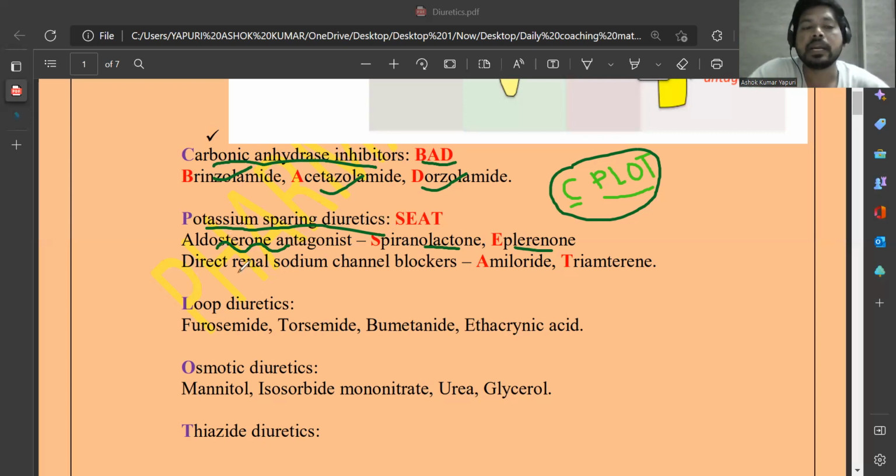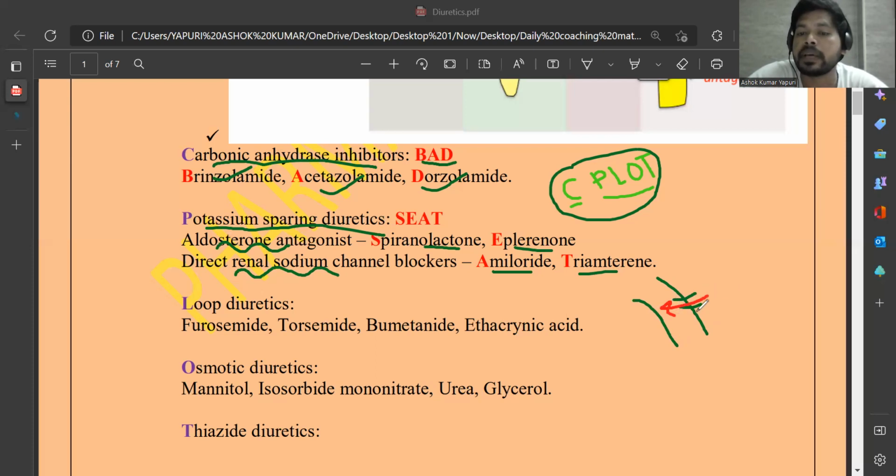Next, in this category of potassium sparing diuretics, direct renal sodium channel blockers, examples like amiloride as well as triamterene. So in the renal epithelium of the kidney, there are some sodium channels. If these channels are activated, again sodium enters.